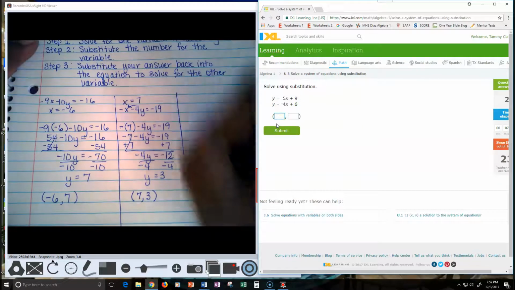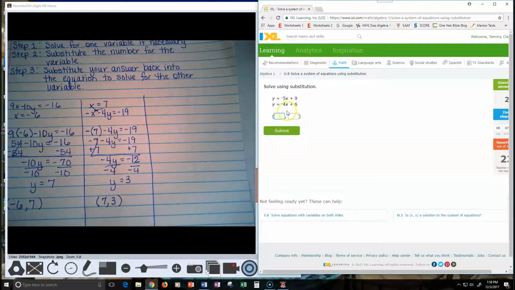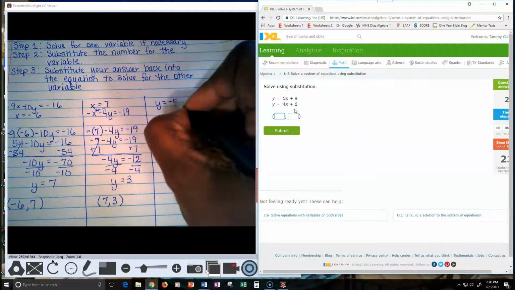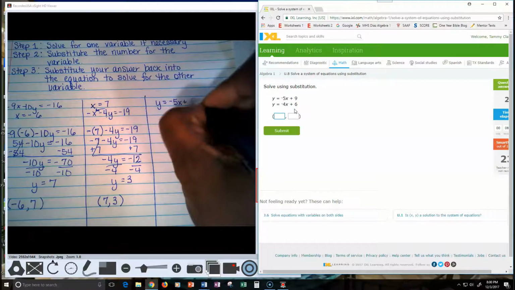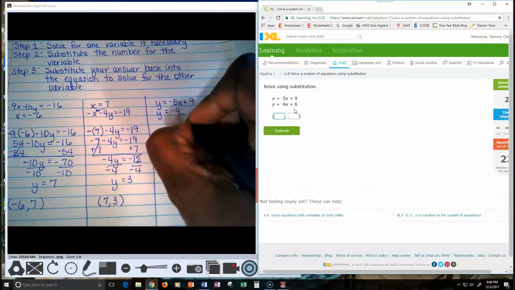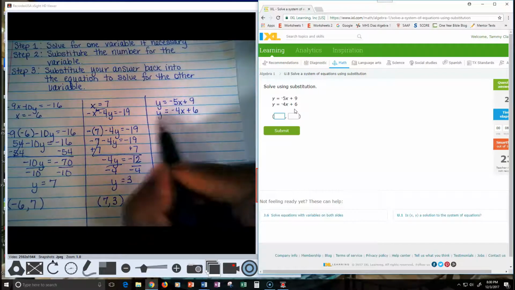All right. So this time we have y is equal to negative 5x plus 9, y is equal to negative 4x plus 6. Now this one's a little bit different because we have y is equal to two things. When y is equal to one equation and y is equal to another equation, you can actually substitute what y is equal to.